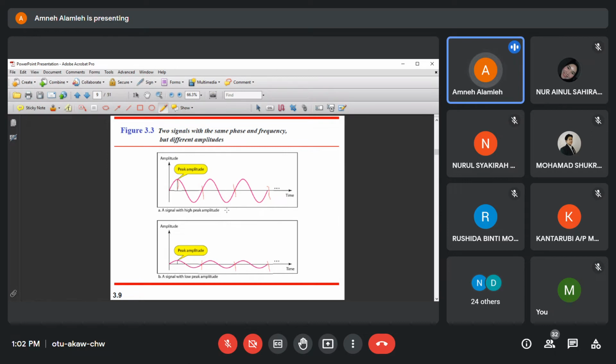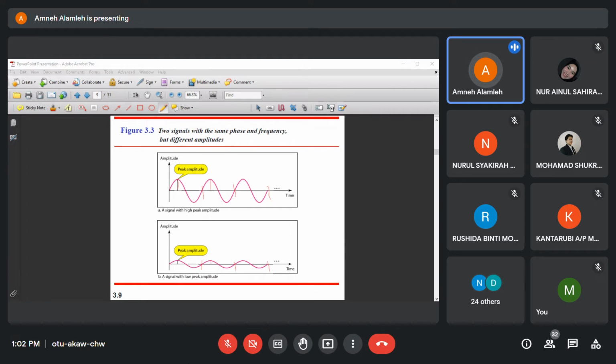So we have the same frequency, but different amplitude. This amplitude is different from this amplitude. The amplitude here is more than in signal B. This is a high peak amplitude in A, and in B we have a low peak amplitude.